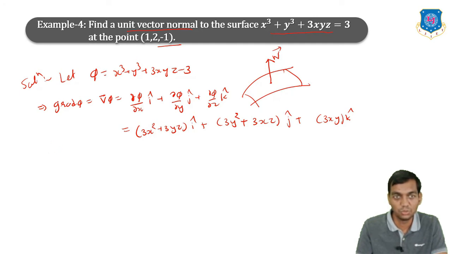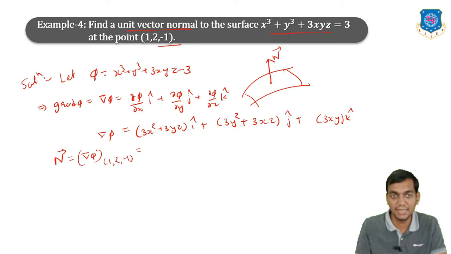Okay, so we are going to say this is a normal vector, correct? But the normal vector we have to find out at a point. So we are not specifying this as a normal. We are writing that the normal vector is equal to grad phi at a particular point. Otherwise, in general, grad phi gives you the normal vector to the surface at any point. Okay, so we are going to put (1, 2, -1).